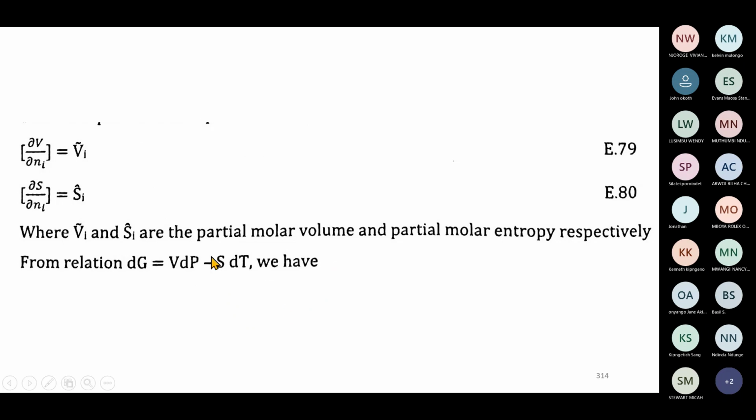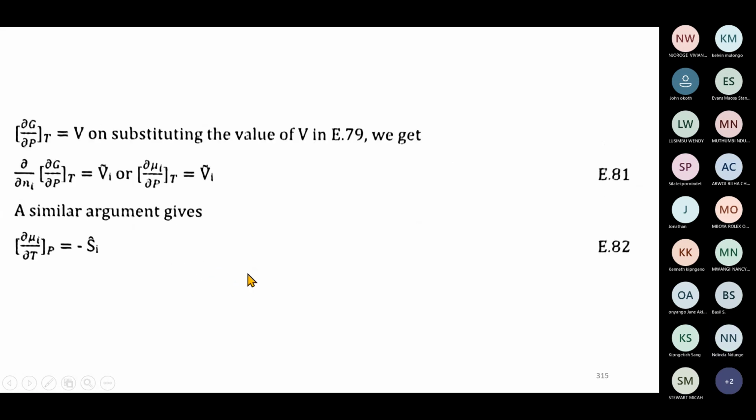We can have the partial molar volume defined by delta V over delta Ni, and the partial molar entropy is given by delta S over delta Ni. Now, from the expression dG equals V dP minus S dT, you can have delta G over delta P at constant T equals V.